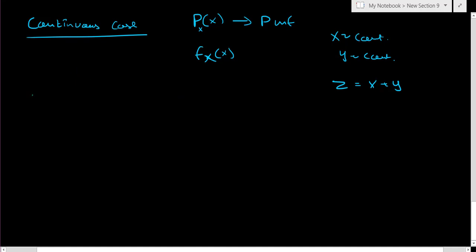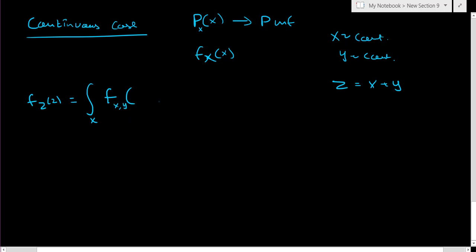The probability density function of z is basically equal to the integral over the entire range of x. Similarly, in place of the probability mass functions, this time we will have the probability density function. So it is basically the combined probability density function of x and y.